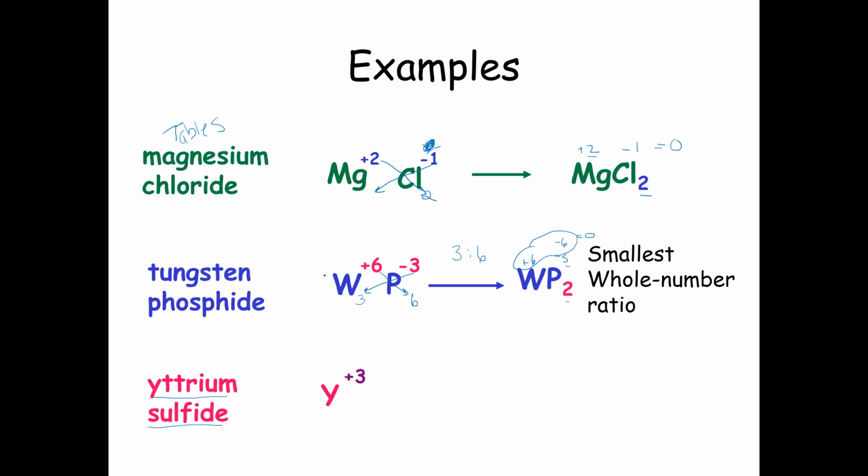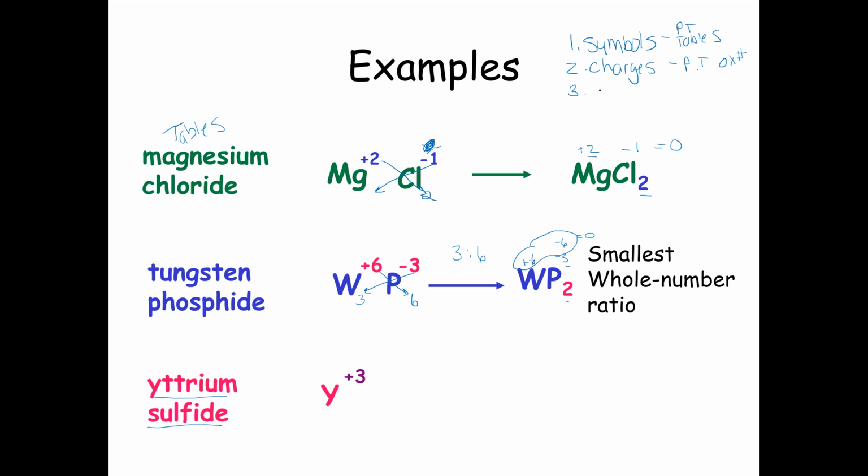Symbols, charges, crisscross, right? I'm going to write those steps up here, up at the top. So step 1, you want to make sure you get your symbols. Step 2, you want to get your charges, right? Where do symbols come from? Symbols come from our periodic table, or table S. Where do we get our charges from? We get our charges from the periodic table, right? Those are the oxidation numbers.